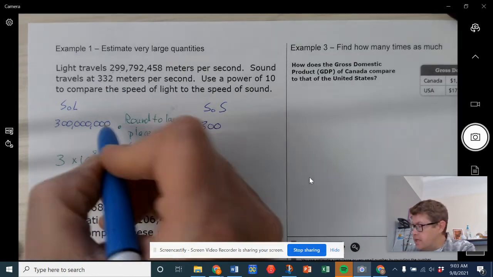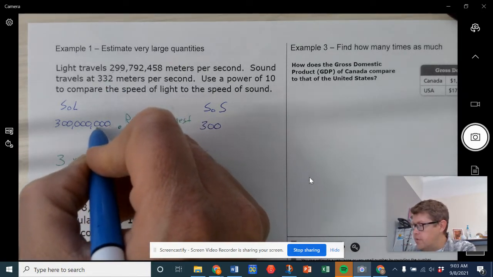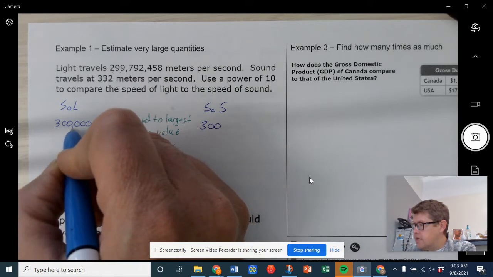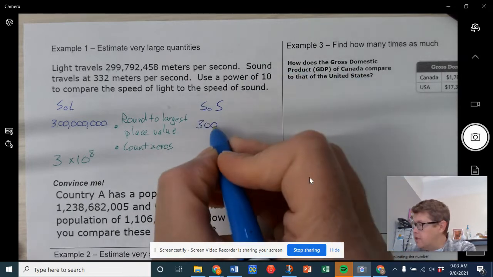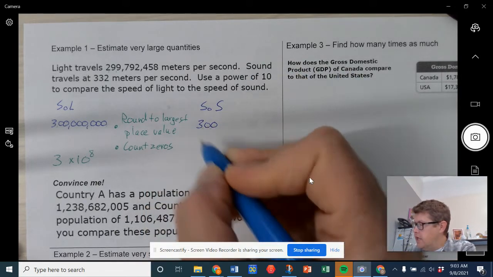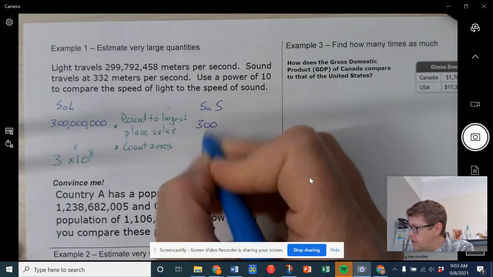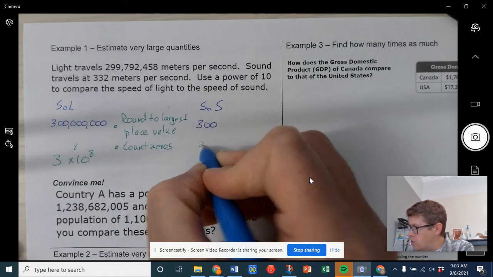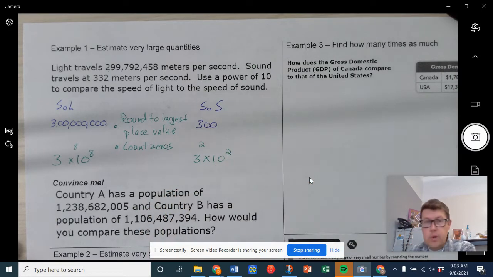So it's basically like moving the decimal, right? 1, 2, 3, 4, 5, 6, 7, 8. Now we count 2 zeros right here. So this has 8, and this has 2. And so this becomes 3 times 10 squared.